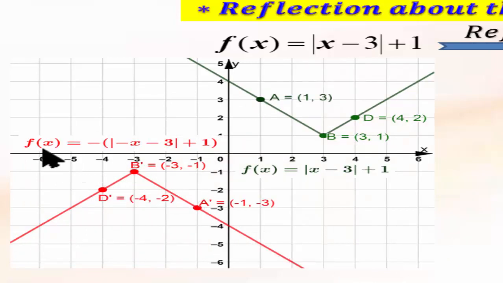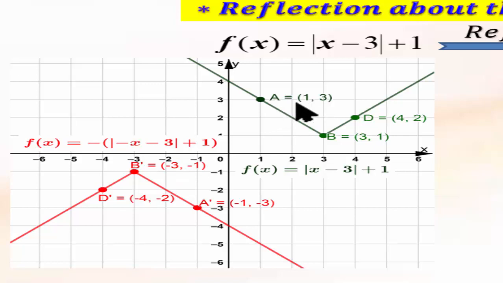That means f(x) becomes minus bracket absolute value of minus x minus 3 plus 1, and all points change their sign of x and y.